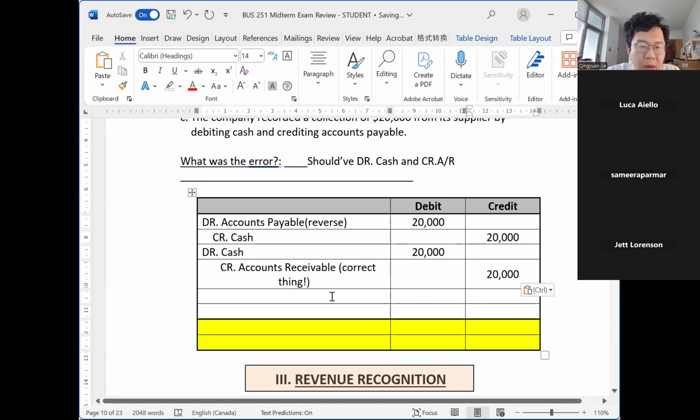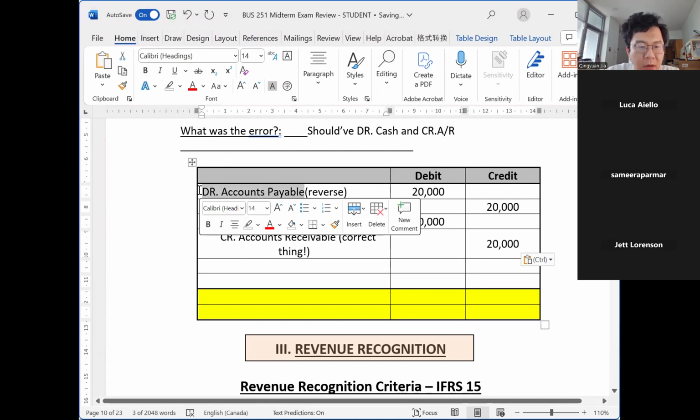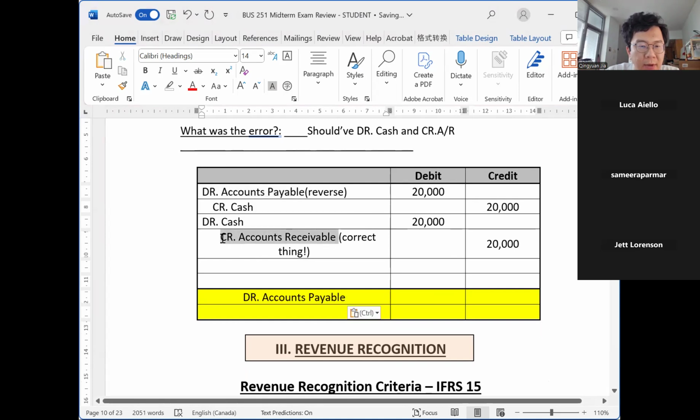And also you can combine these two together. So in this way, the only things that are left will be debit account payable and credit account receivable.